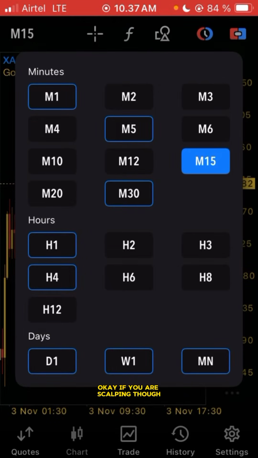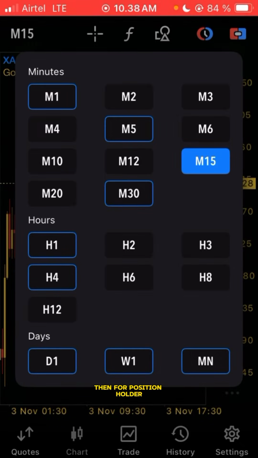If you are day trading, you use the 15-minute time frame down to the H1 time frame. If you are swing trading, you use the H4, or start from the H3 or H2 time frame. Swing traders hold trades for long, so they use H4 down to D1.